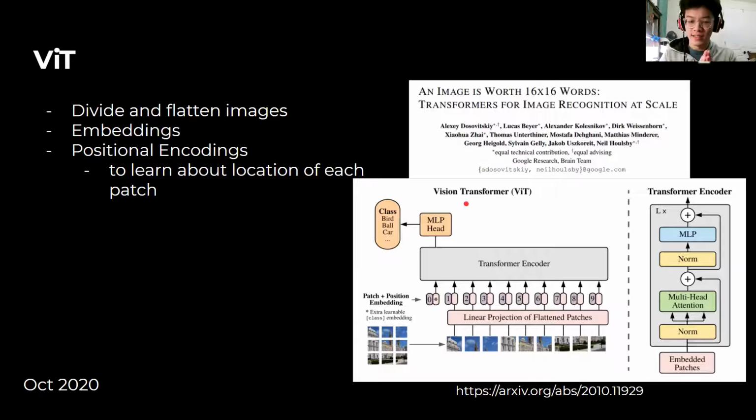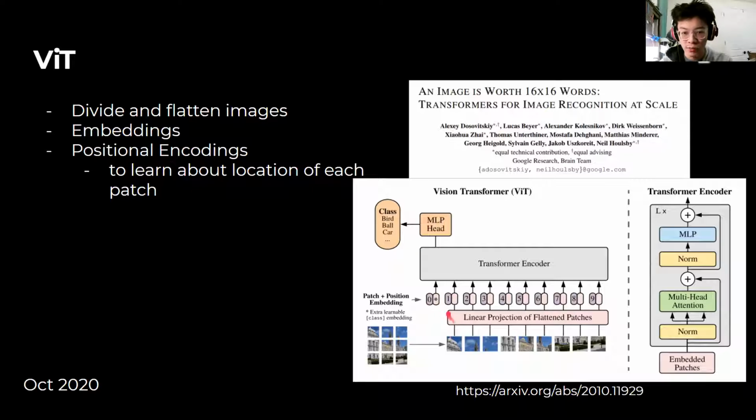Another thing that the authors of the vision transformer model added was positional encoding, which is different from the transformer model. In a transformer model, the positional encoding is actually just a fixed formula, while in a vision transformer, these positional encodings are learned.